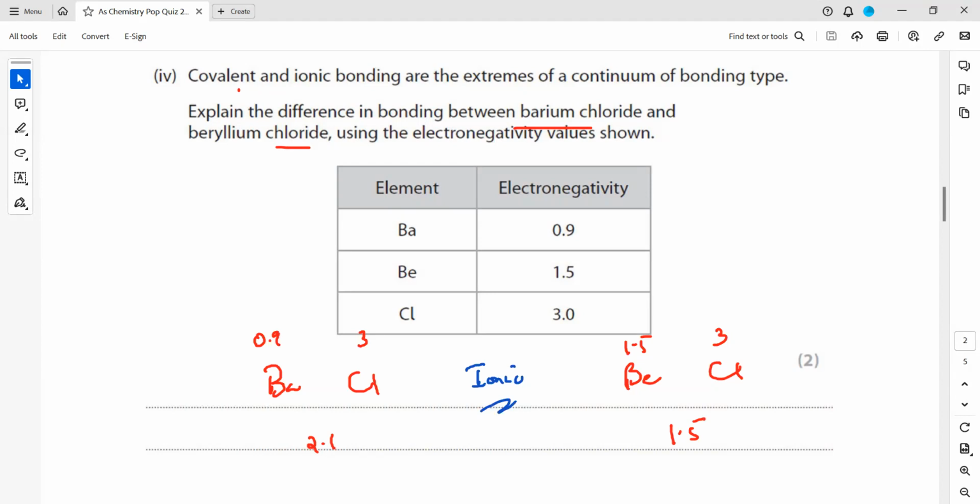But when you compare, barium chloride has a greater electronegativity difference, so it will have a higher percentage ionic nature as compared to beryllium chloride, which will have a lower percentage ionic nature, or more covalent character. You can say barium chloride, having a greater difference in electronegativity, will have a greater ionic nature as compared to that of beryllium chloride.